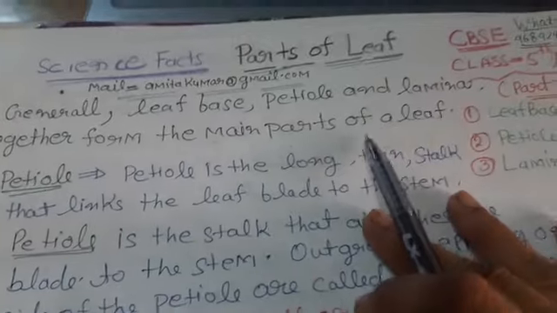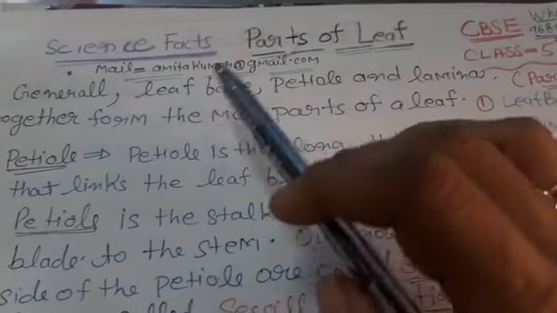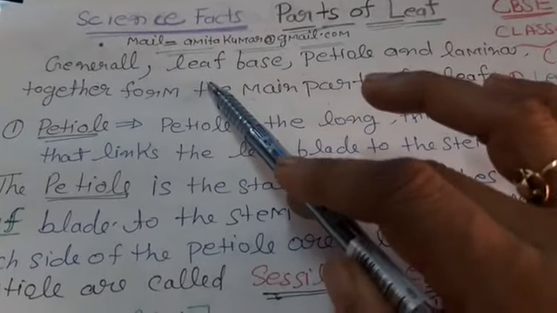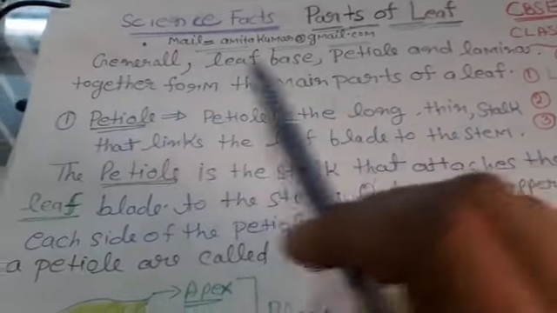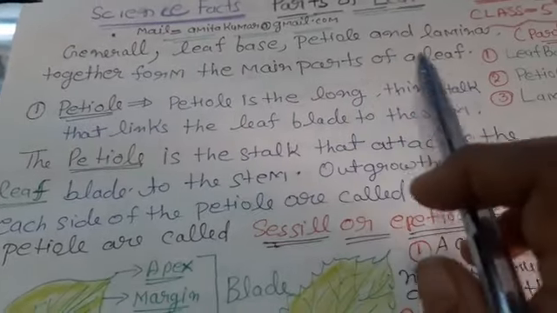Let's revise the parts of a leaf again. Generally, the leaf base, petiole and lamina together form the main parts of a leaf.